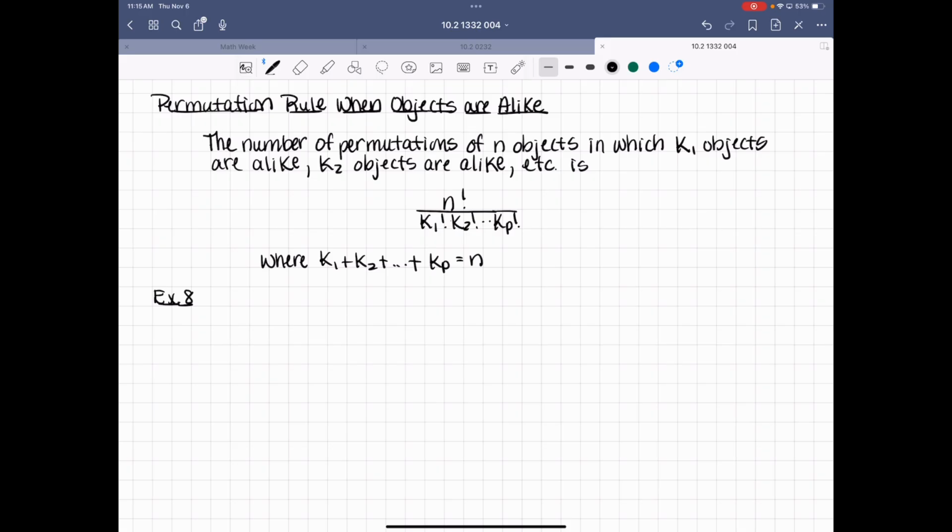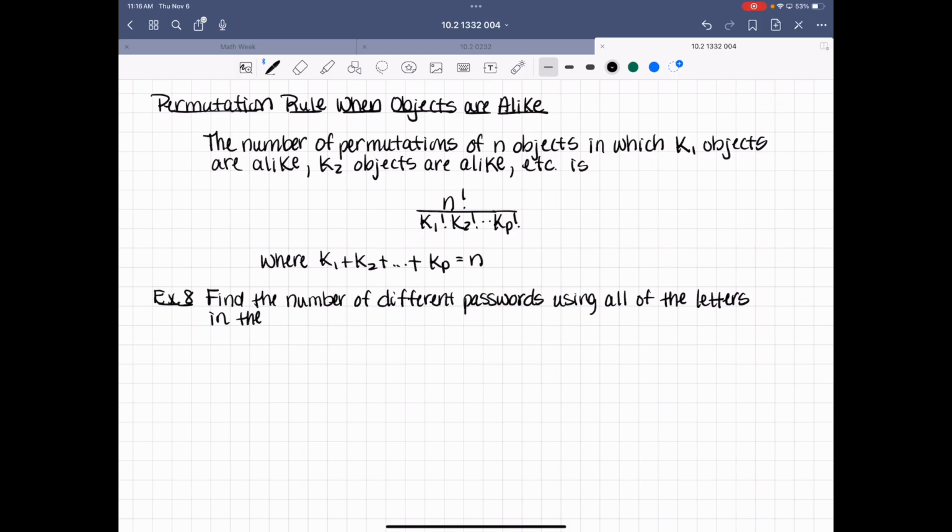Example 8 says, find the number of different passwords using all of the letters in the word Massachusetts.